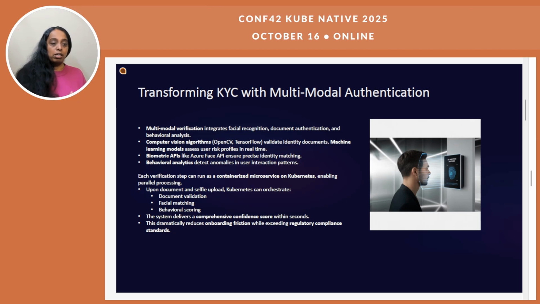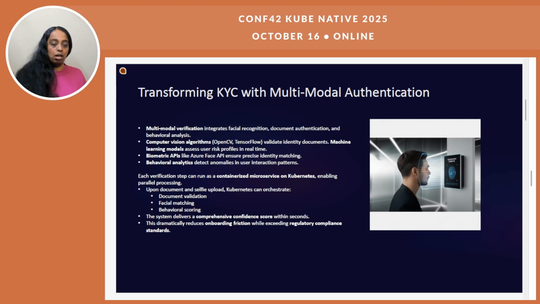Computer vision algorithms powered by OpenCV and TensorFlow validate identity documents, while machine learning models assess risk profiles in real time. This approach uses biometric APIs like, say, Azure Face API for precise identity matching, coupled with behavioral analytic models that detect anomalies in user interaction patterns.